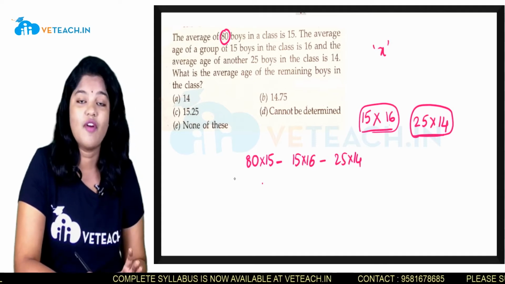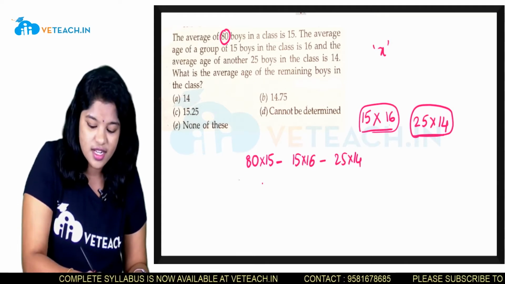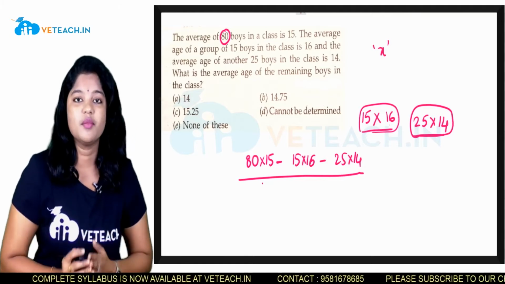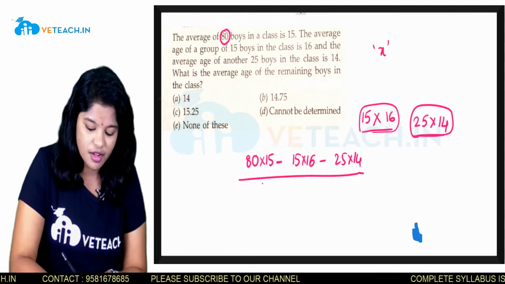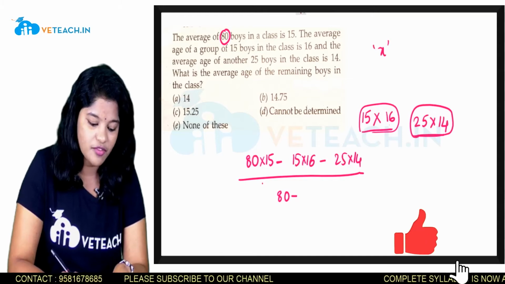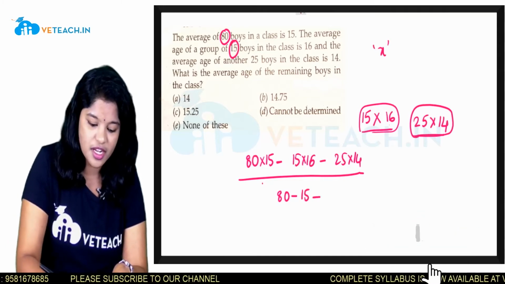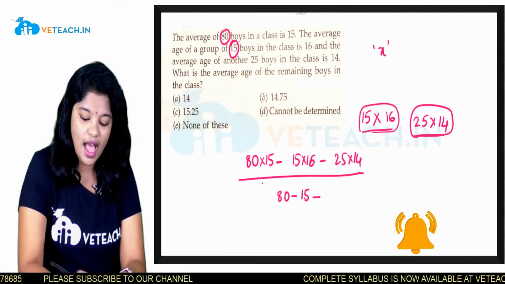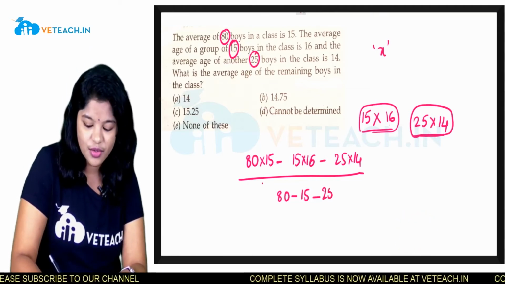So, we have to find the average. This is the total age of the remaining boys. For the average, divide it by the total number of remaining boys. So, how many boys are remaining? 80 minus 15 minus 25, that is 40.